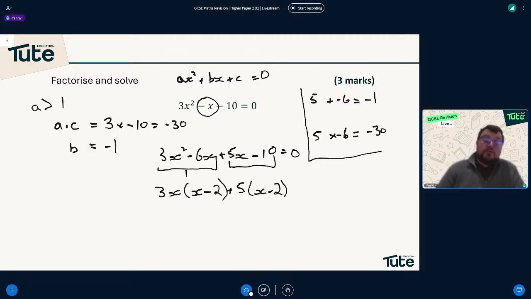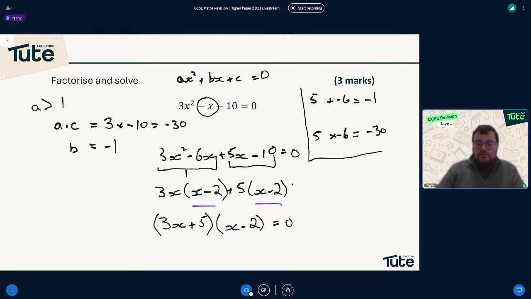Great. I know I'm on the right track because these two are exactly the same. So what I can do here is I can factorize again. I'm going to factorize the 3x and the 5 into one bracket, and in the other bracket, I'm going to factorize x take away 2.